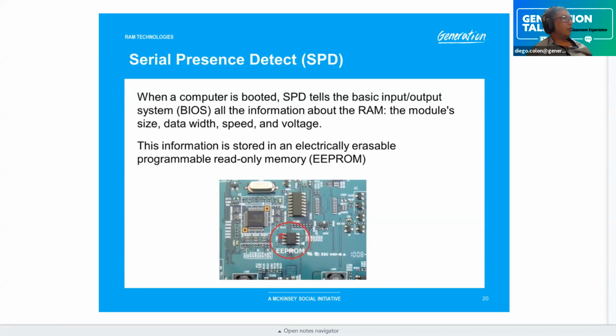ECC is error correcting coding, which deals with the ones and zeros that are being written onto the RAM module. The SPD lets the BIOS know the type, size, data width, speed, and voltage of the module.